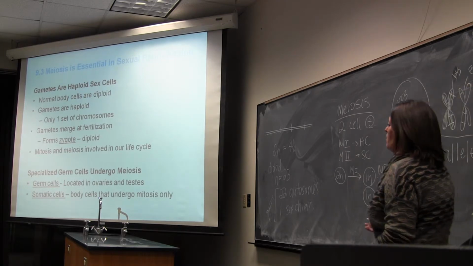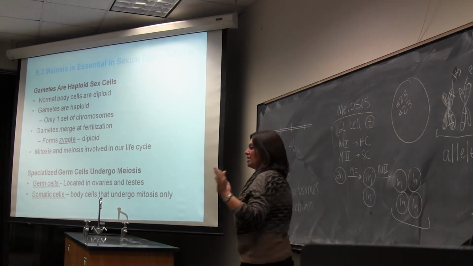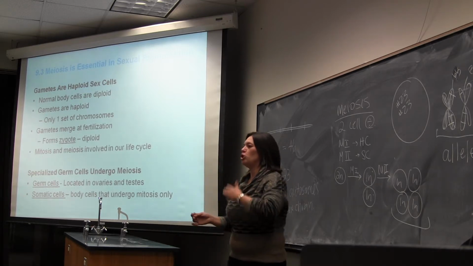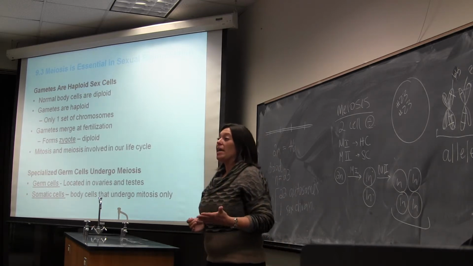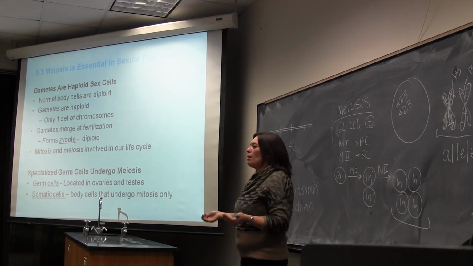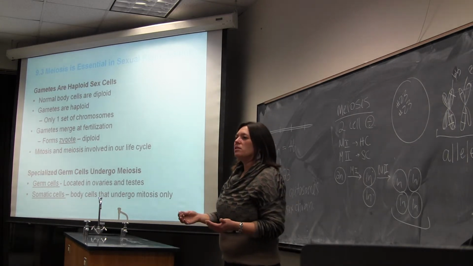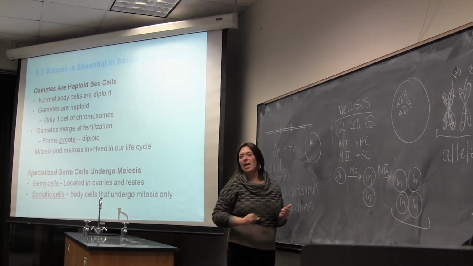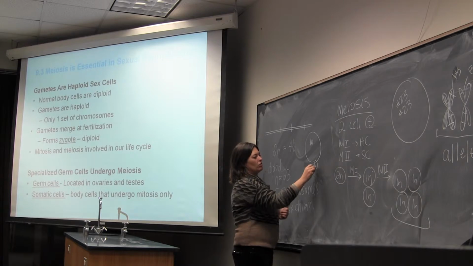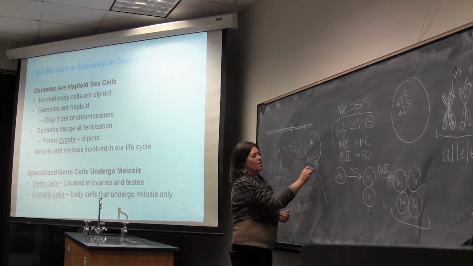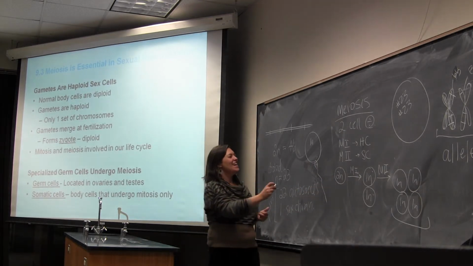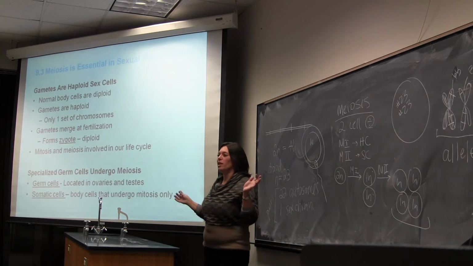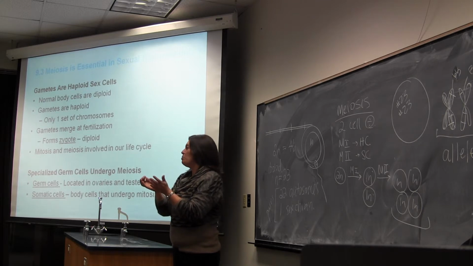All right, so when we're talking about meiosis, we're talking about the sex cells, the sperm and the egg. That's the whole purpose of meiosis, to generate the gametes. And the gametes are always going to be haploid, which makes sense, because if you have an egg that's haploid, and then you got your little sperm that's haploid, once fertilization occurs, this whole organism is going to become diploid.